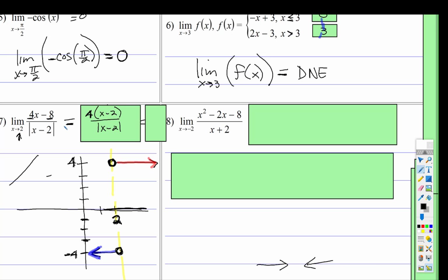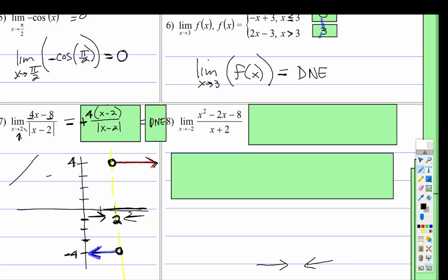And since this is positive, above the x-axis, the graph will be a horizontal line headed in the positive direction, and below the x-axis, negative. But look, as you're looking from both the left and the right, this red height does not agree with that green height. So the answer is does not exist.